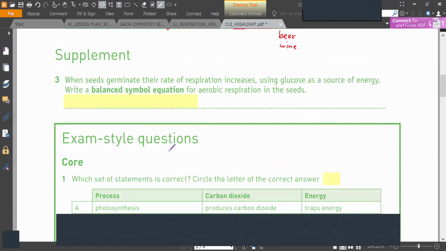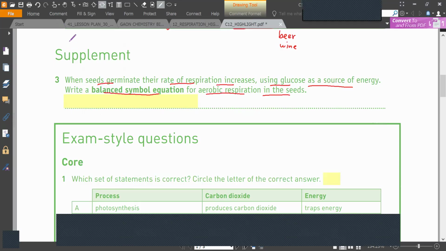Next. When seeds germinate, their rate of respiration increases, using glucose as a source of energy. Write a balanced symbol equation for aerobic respiration in the seeds. Seed germination we learned about last week.